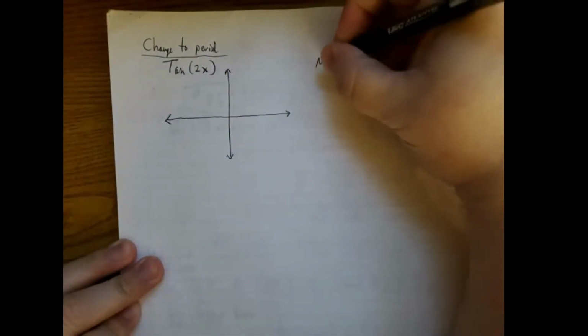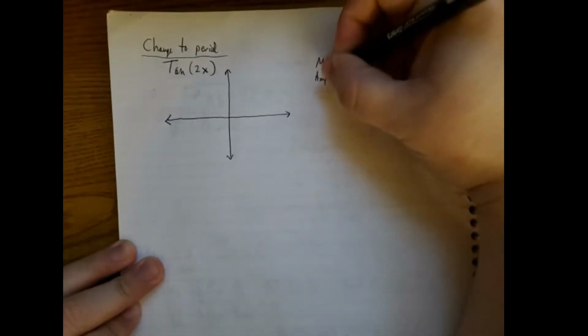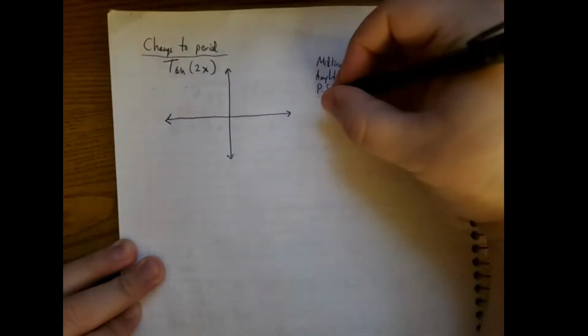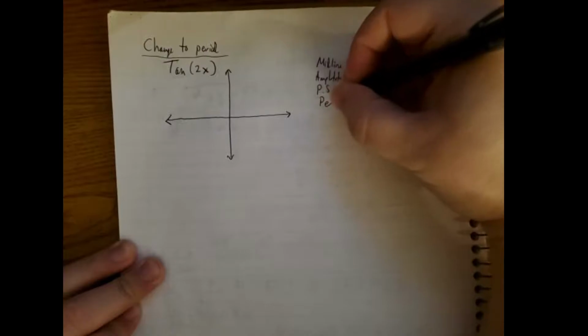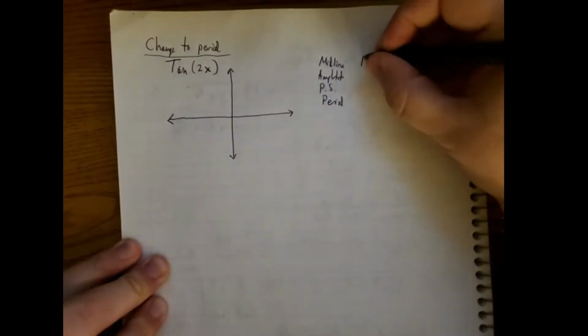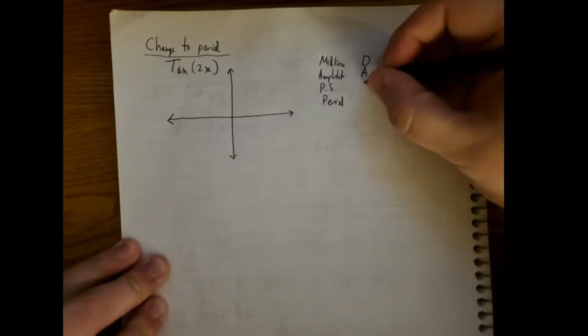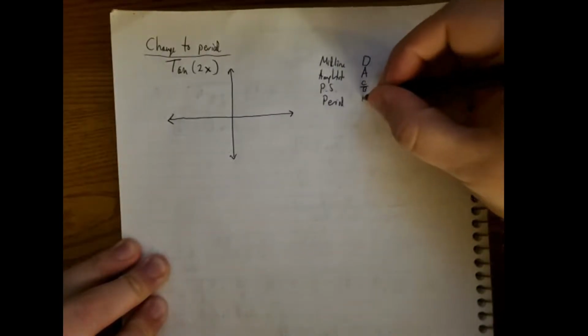And so as before, we're going to have changes using midline, amplitude, phase shift, and period. Now, as a reminder of those formulas, the midline is based on the value of d, the amplitude is based on the value of a, the phase shift is c over b, and the period is pi over b.